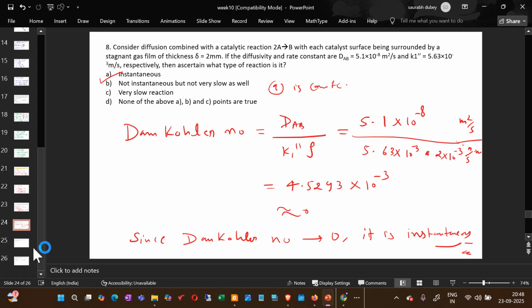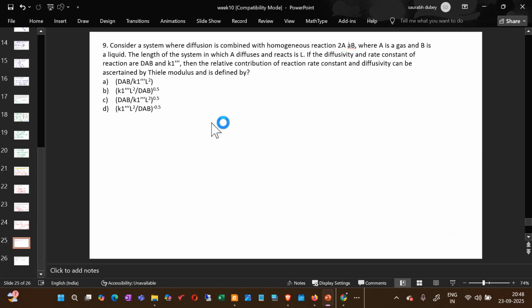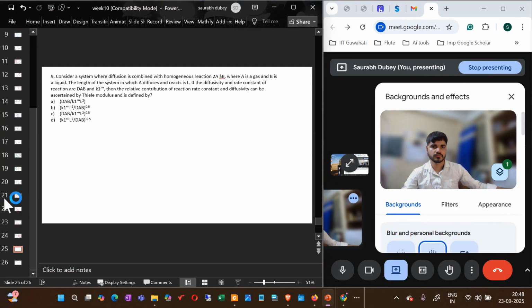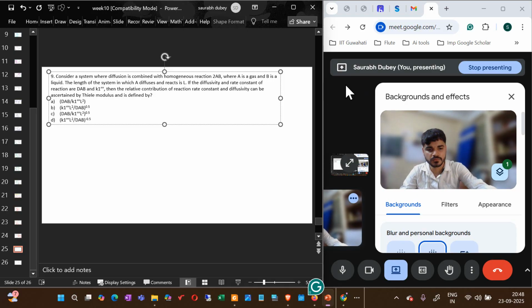So moving to the next question, which says this one. Consider a system where diffusion is combined with the homogeneous reaction 2A gives B, where A is a gas and B is a liquid.